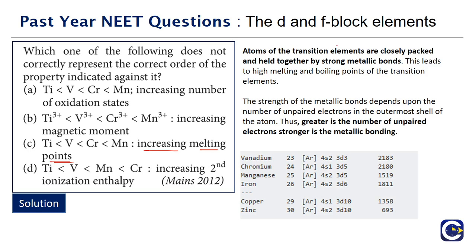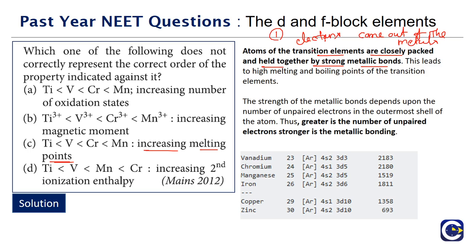See, the transition metals, in comparison to the alkali metals or alkaline earth metals, will be held together strongly by metallic bonds, and metallic bond strength will depend upon the number of electrons that can actually come out of the metals.